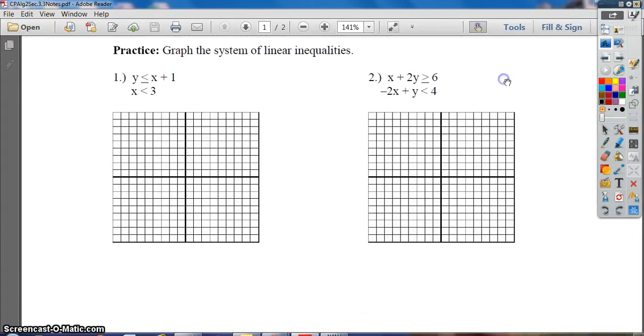Let's go ahead and look at the first one here with the graph. I'm going to graph this one in blue. Y is less than or equal to x plus 1. So I'm just going to graph the line y equals x plus 1. It has a y-intercept of 1, and then it has a slope of 1. So as I graph this, I have a slope of positive 1, so left to right, it's going up by 1 at a time.